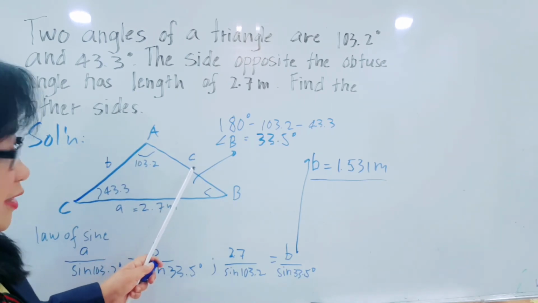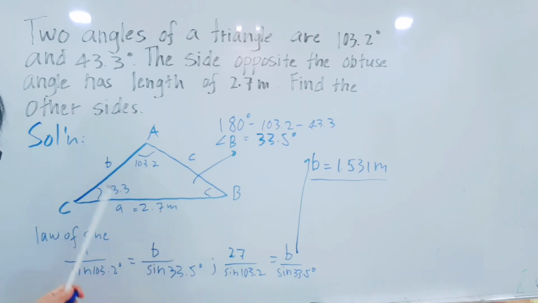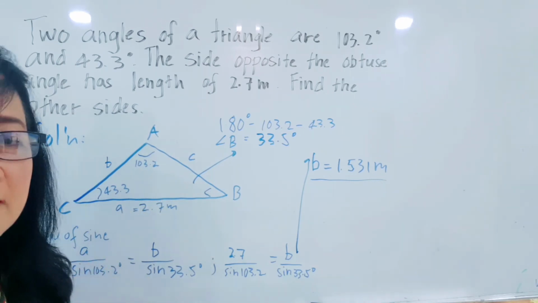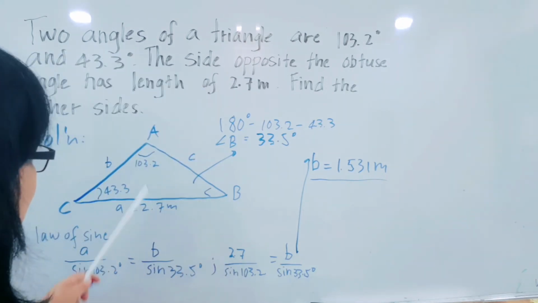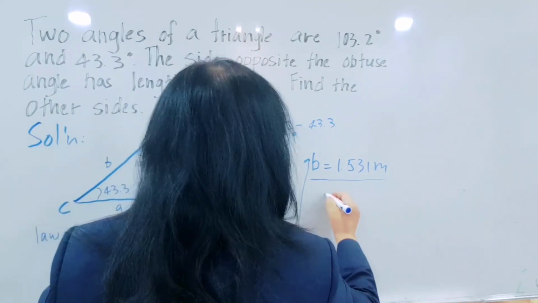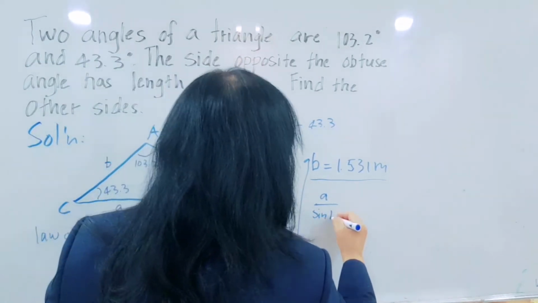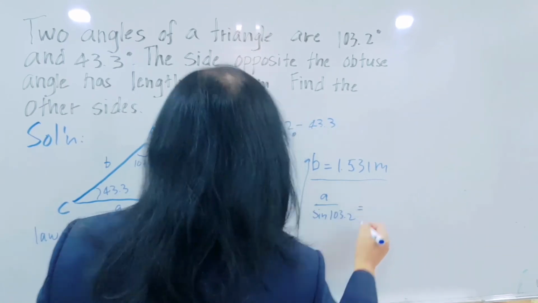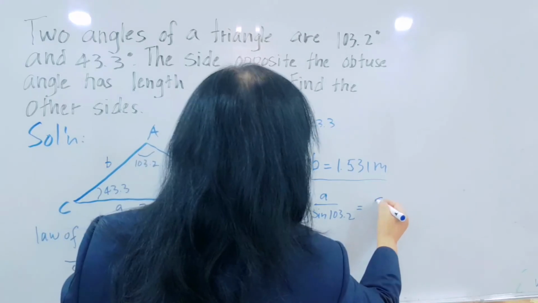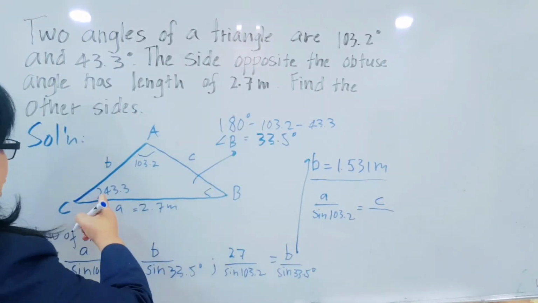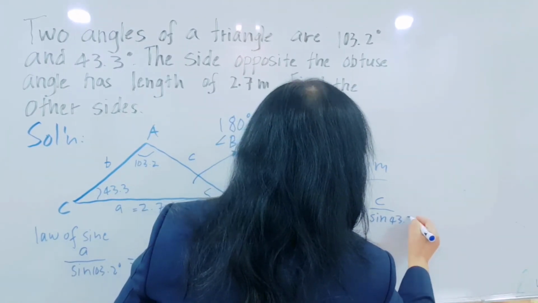What is left is the C. Now, how will we find the C? Of course, basing from the given, we can again use the law of sine, which we can have A over the sine of this angle, 103.2, is equal to C over the sine of 43.3.